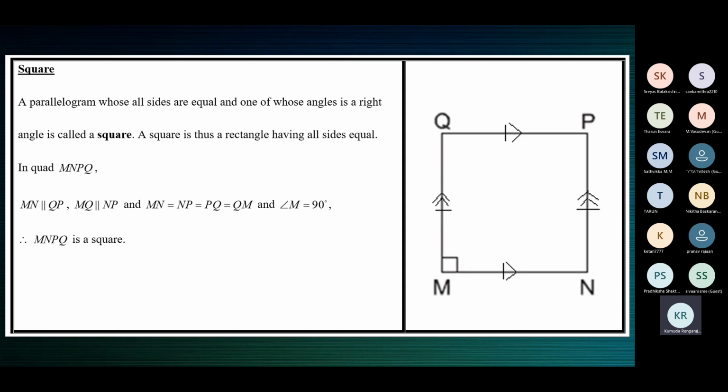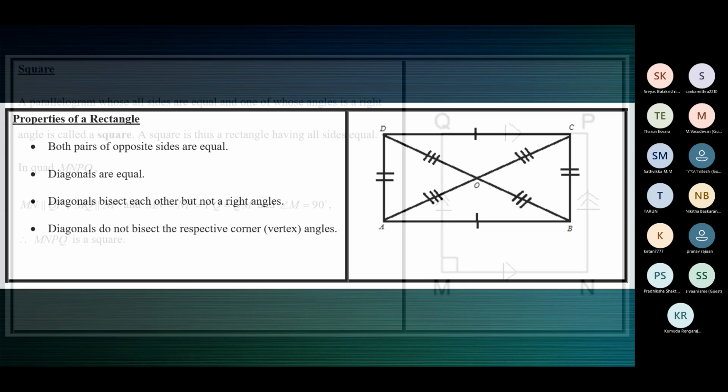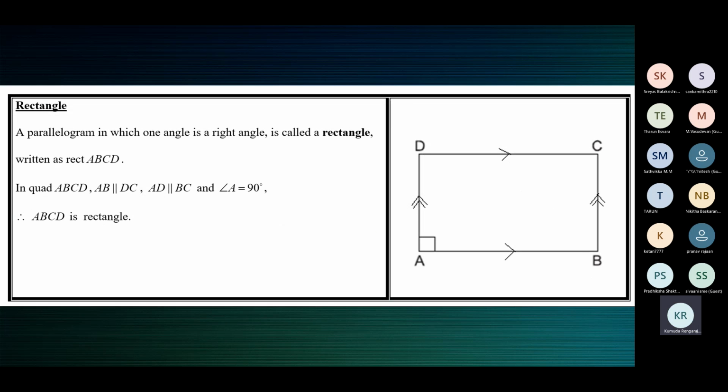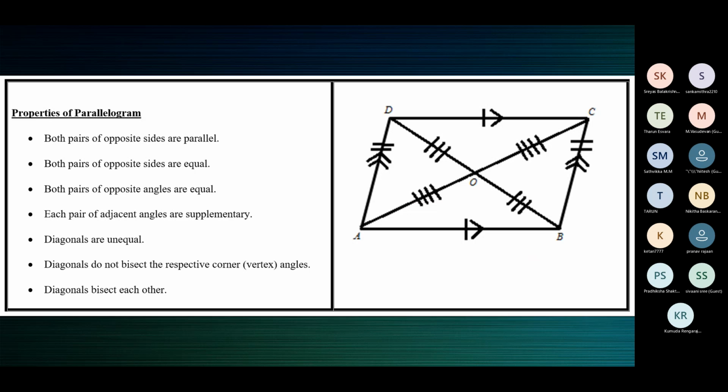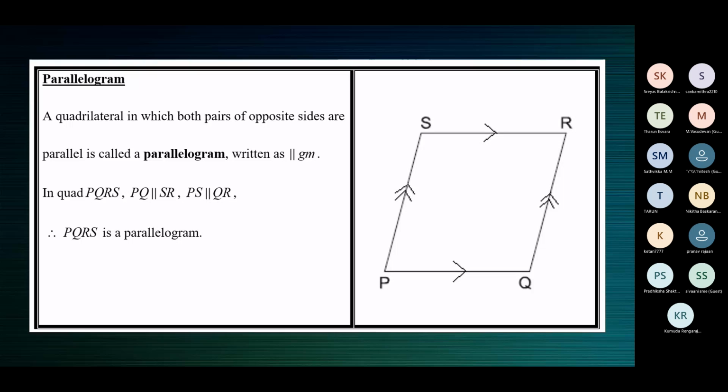In which figures or quadrilaterals do the diagonals bisect the corner angles? Where do we see the diagonals bisecting the corner angles? Now here you see, rhombus.